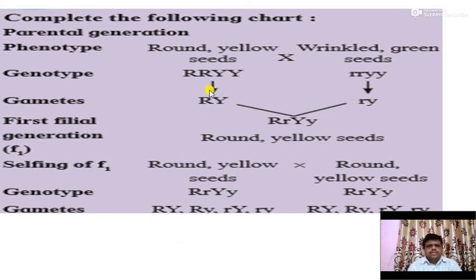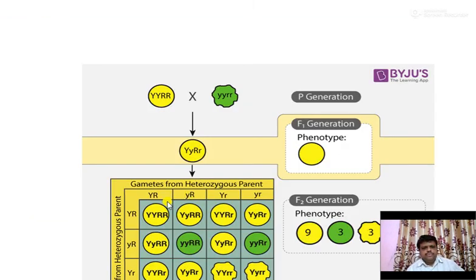When this gamete fuses with this gamete, the F1 generation will be the round yellow seed producing plant. After selfing, you can see these are paternal gametes and these are maternal gametes. This is the first combination, second combination in the Punnett square, third one, fourth one. So there are a total of 16 combinations.